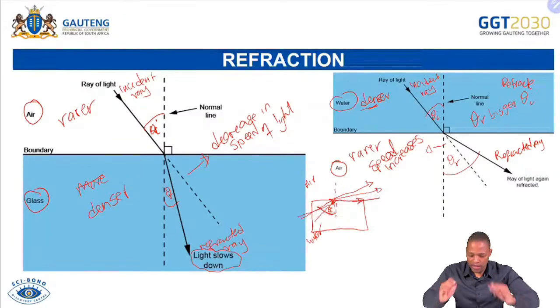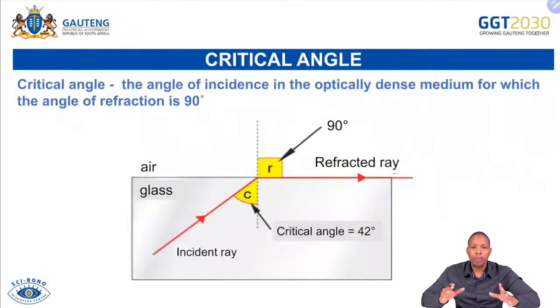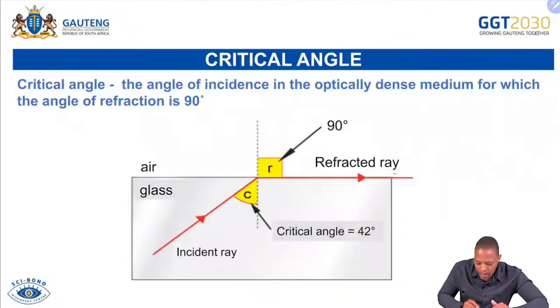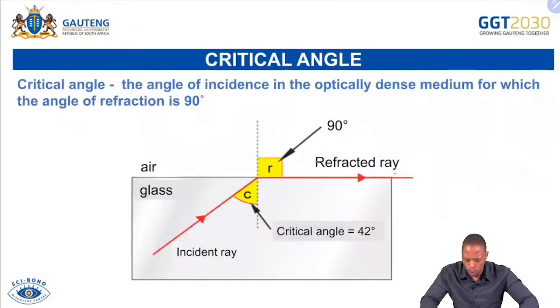Okay, that is a very, very important point. This is what I'm talking about. The incident ray now is such that the refracted ray is lying along the boundary between the two media.